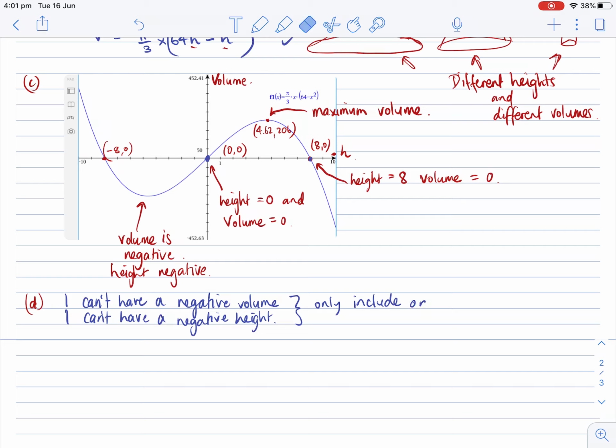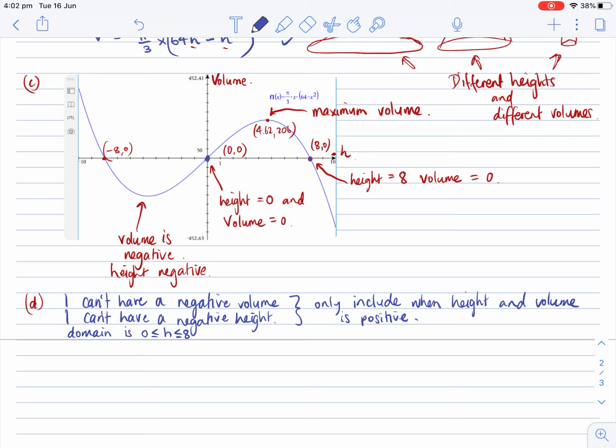Only include, sorry, I'm trying to write and think at the same time, only include when the height and volume are positive. So in this case, I'm going to say that my domain is for h greater than or equal to 0 and less than or equal to 8.